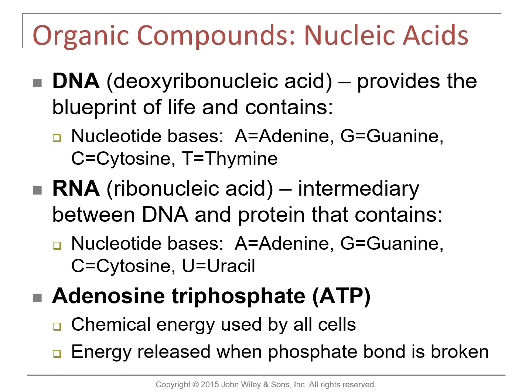DNA is found within the nucleus of the cell, arranged in structures called chromosomes. The code for DNA is transcribed or copied into a molecule of RNA. So this has a ribose sugar as opposed to a deoxyribose sugar.